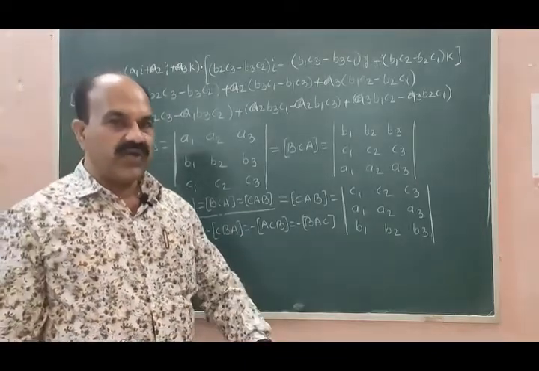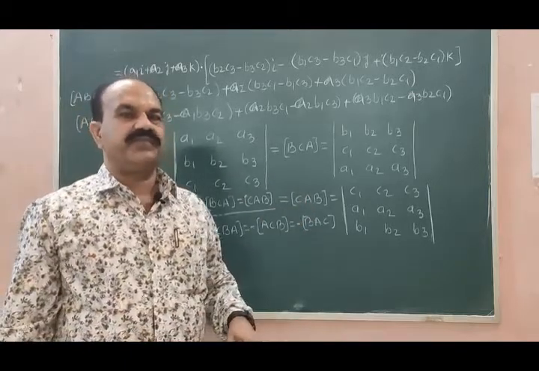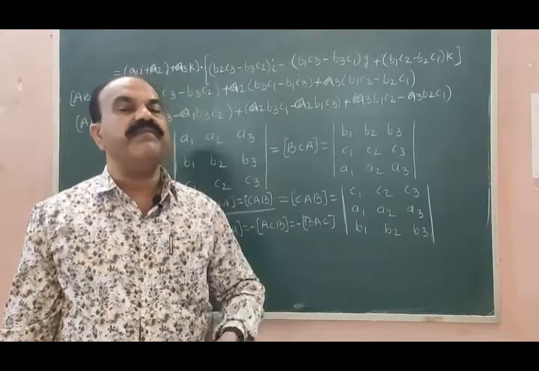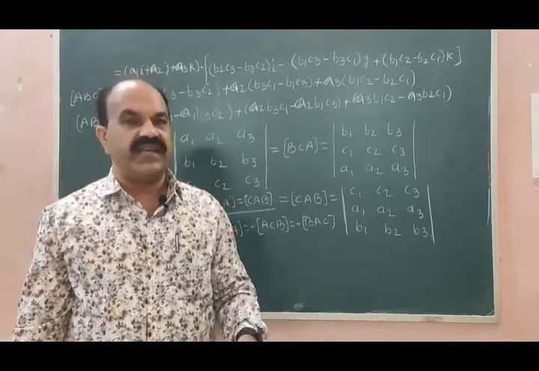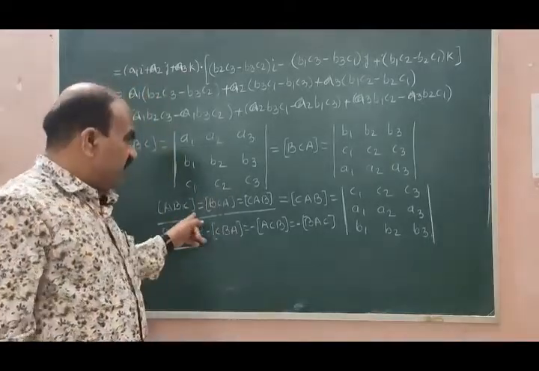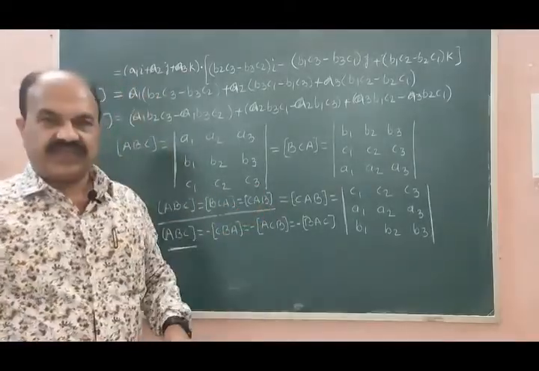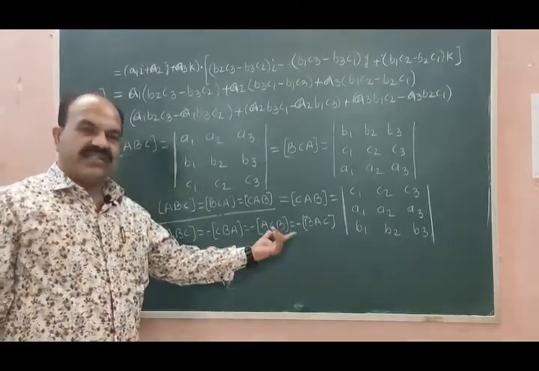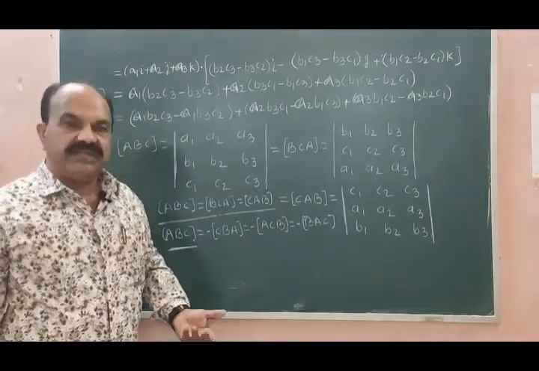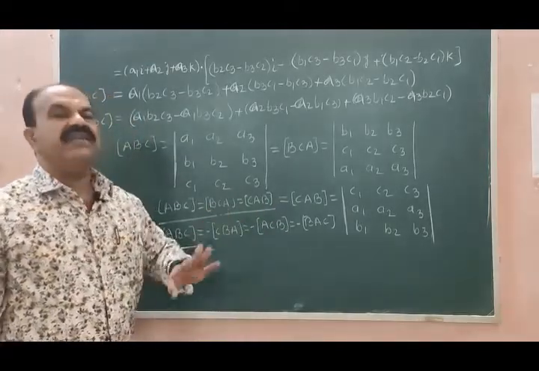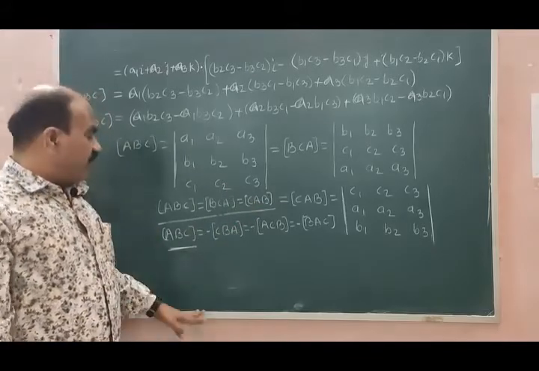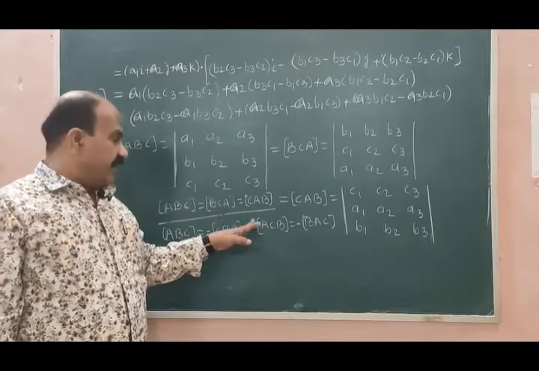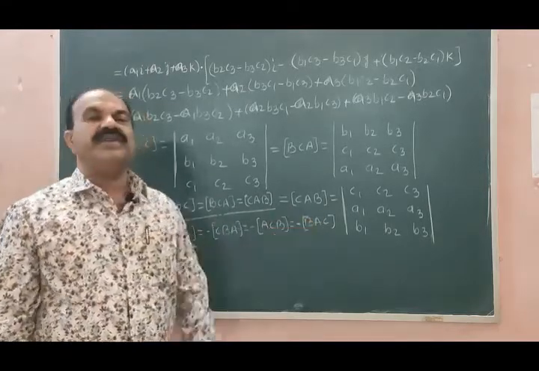Permutation is allowed in box product such that the box product will be of same magnitude and same sign if the permutation is cyclic like this. If the permutation is anti-cyclic like this, the magnitude of the box product will be the same but the sign will change automatically, and therefore box product of ABC is minus of CBA, minus of ACB or minus of BAC.